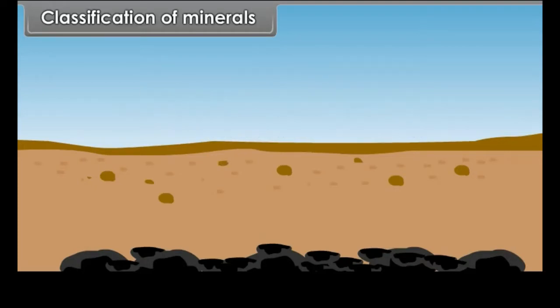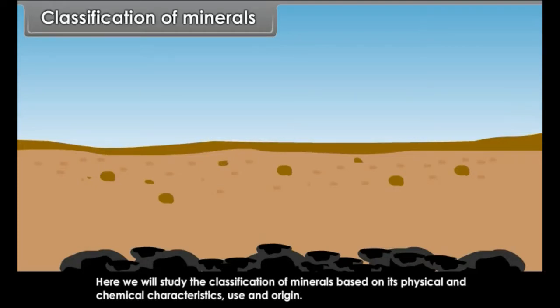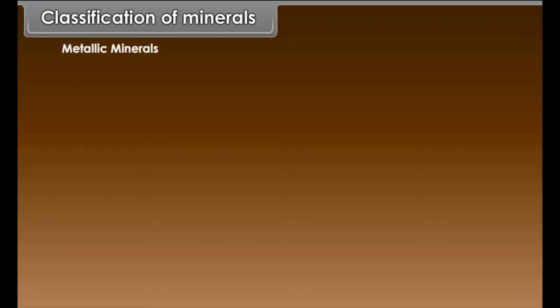Classification of minerals. Here we will study the classification of minerals based on their physical and chemical characteristics, use and origin. They are metallic and non-metallic minerals. Metallic minerals are those minerals which have metals.